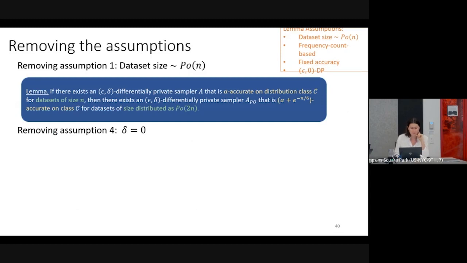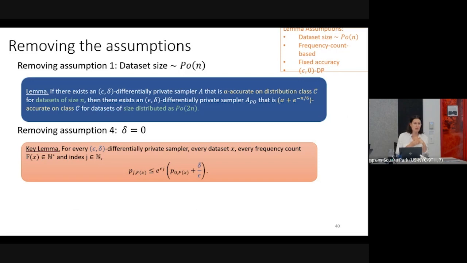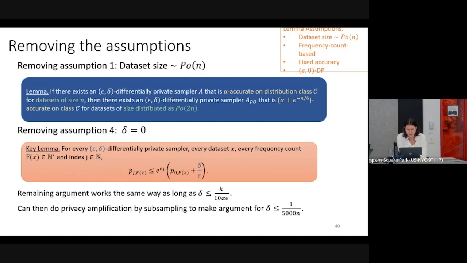And then to remove the assumption that delta is 0, so we want to prove for epsilon delta DP samplers, we use this key lemma, which is analogous to the one that we saw, except there's this extra delta over epsilon term. And so this changes the analysis a little bit.